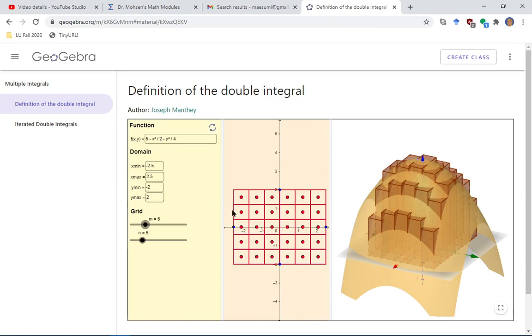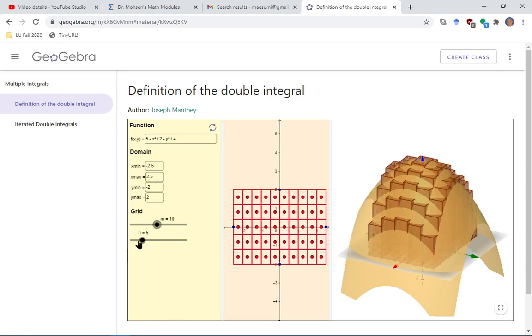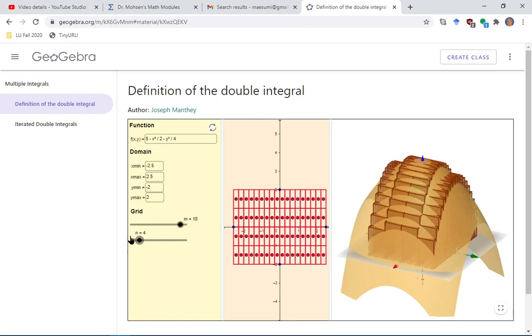When you make a grid, your result is going to be an approximation. Of course, you can always increase the number of grid points if your computer allows it. Mine is probably going to freeze. It did.